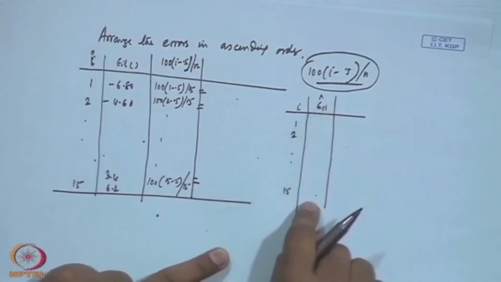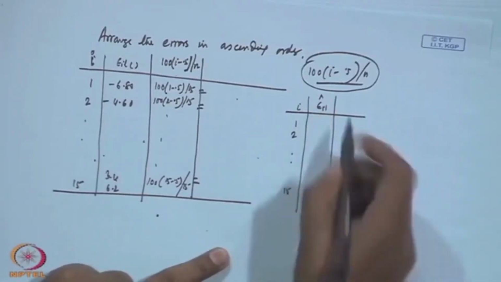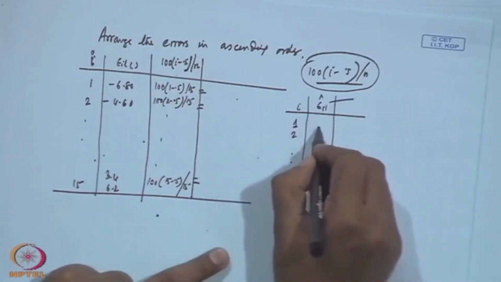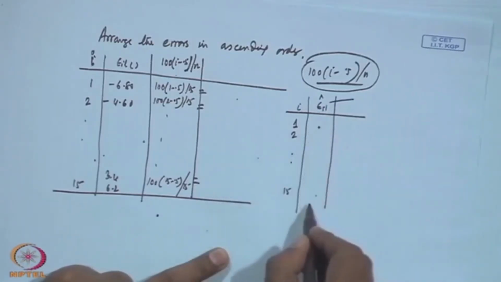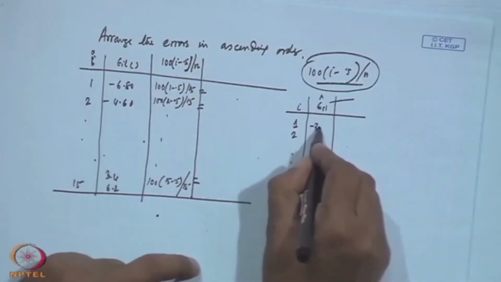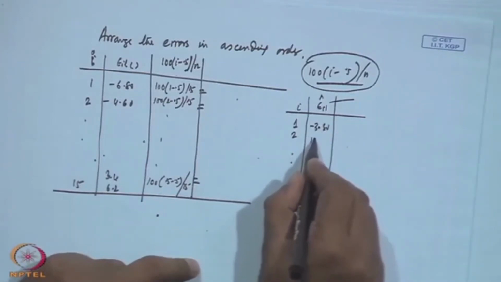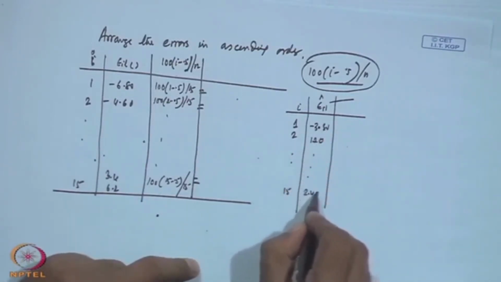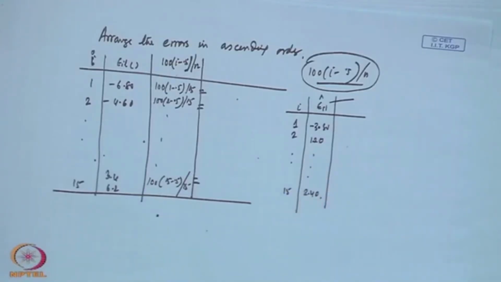It is not arranged in ascending or descending order. It is the way your first observation is this, what is the value, second observation is this, what is the value. So, the first observation value will be 3.80, second one 1.20, and like this if you go to the 15th one, 2.40.